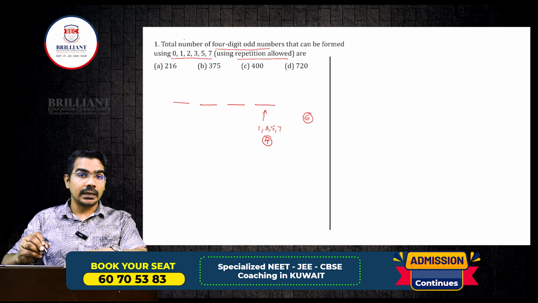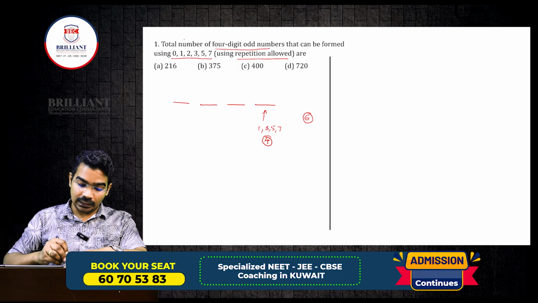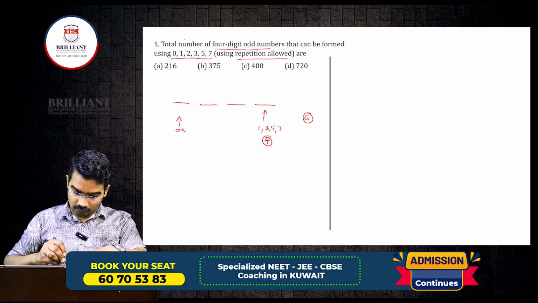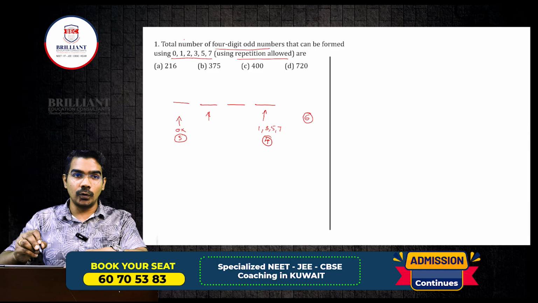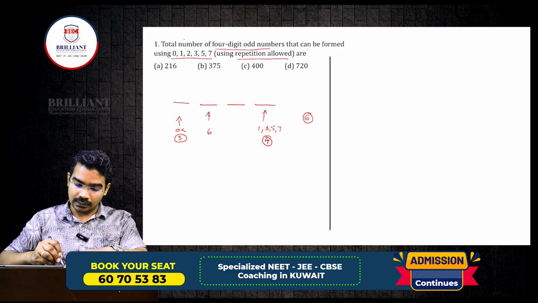Again, it is a 4 digit number, so in the first place we cannot use 0. The remaining options we have are 5. In the middle 2 places, we can have the full options, that is 6 here and 6 here.